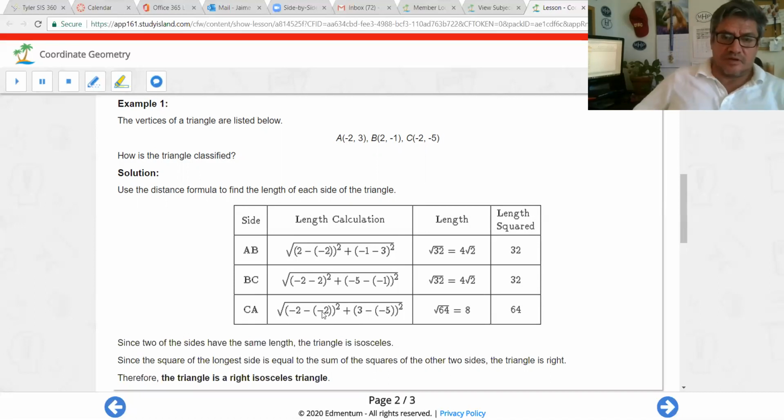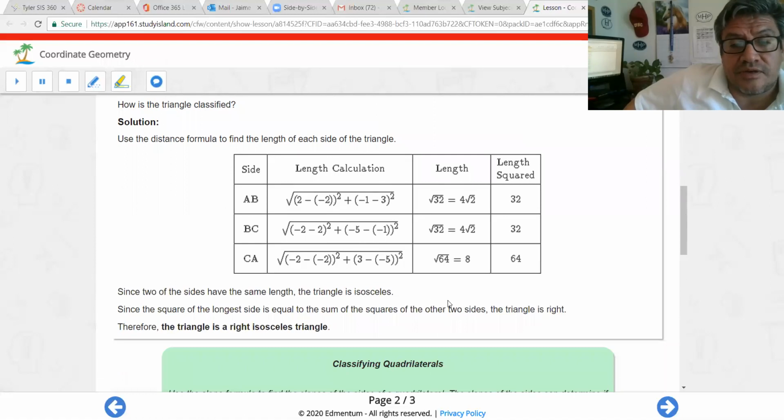That becomes 2 plus 2, that's 0. And then 3 plus 5 is 8. 8 squared is 64, square root of 64 equals 8. So there is your length: 4 square root of 2, 4 square root of 2, and 8. That looks like a right isosceles triangle, you guys. So go ahead and notate that.